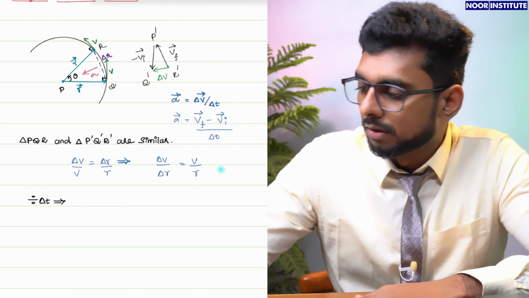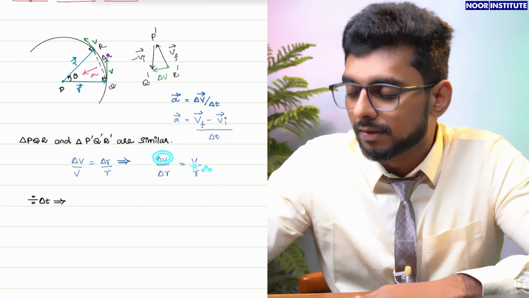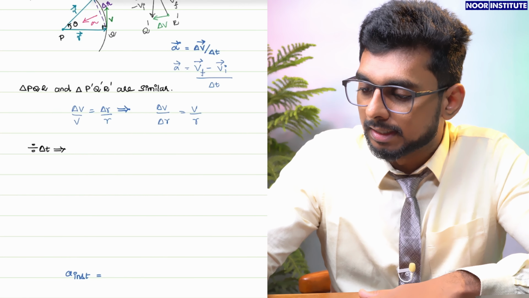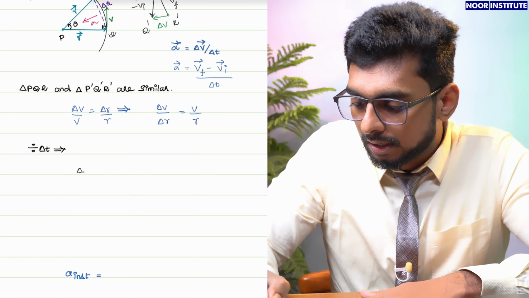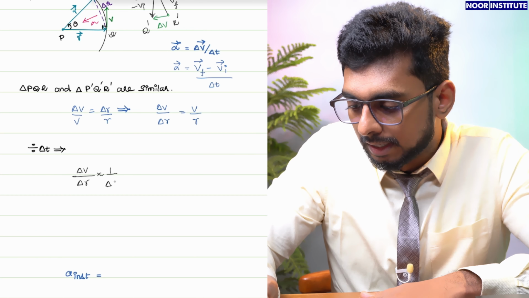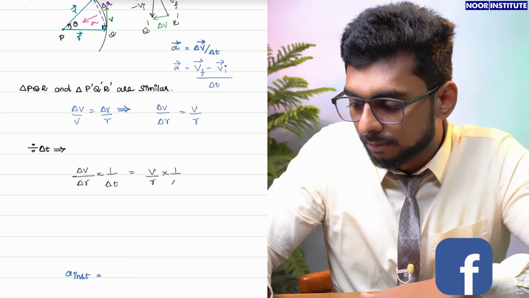So I'm going to divide by del t on both sides. If I divide both sides by del t, I'll end up getting the centripetal acceleration. So we'll have del v divided by del r into 1 divided by del t, which is equal to v divided by r into 1 divided by del t.